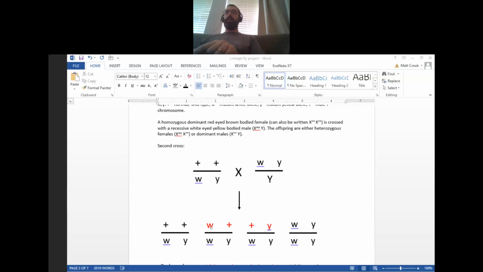So that's white-eyed, yellow-bodied for this one, white-eyed, brown-bodied for this one, red-eyed, yellow-bodied for this one. So this is a combination that you do not see in the parents. And those are the result of recombination between these two homologous chromosomes up here.